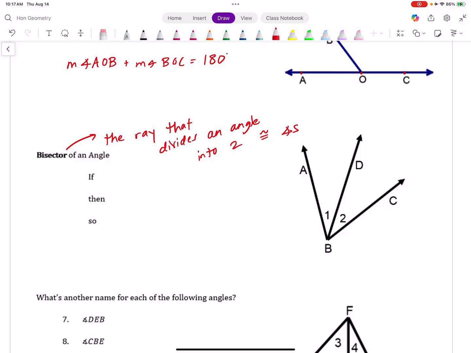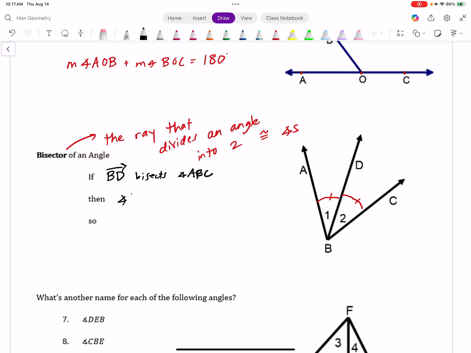All right, so here's what we know about a bisector. If you have this ray BD, and it comes through here, and we say that it bisects angle ABC, then that means it cuts the angle in half. It creates two congruent angles. So if we know that ray BD bisects angle ABC, then we know two things.